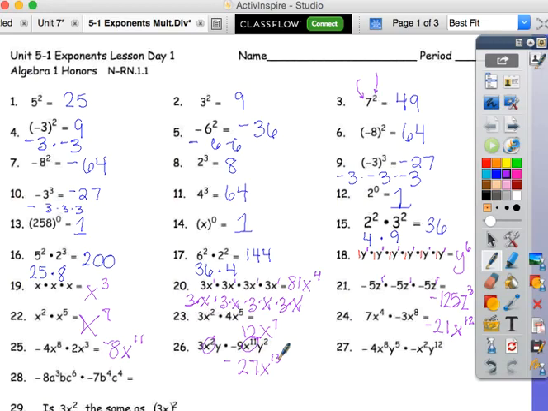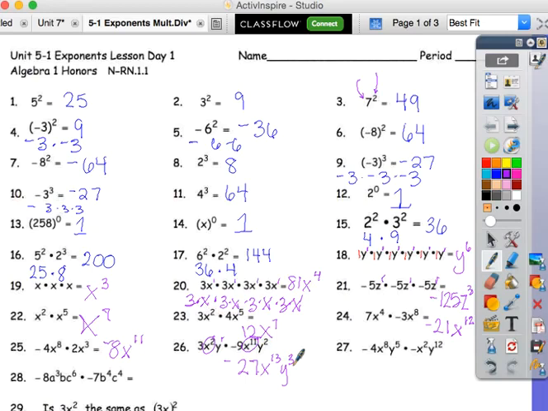And then y, you can add the y's. Y to the third. 1 plus 2 is 3. Okay? You guys follow that okay? Yes. So you can add the exponents of the x's together and the exponents of the y's together.